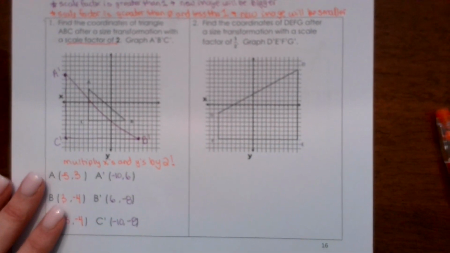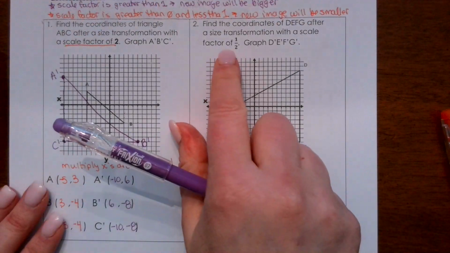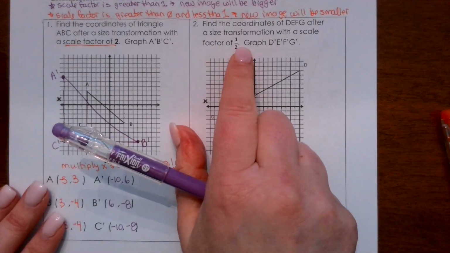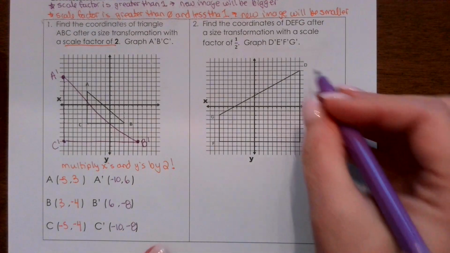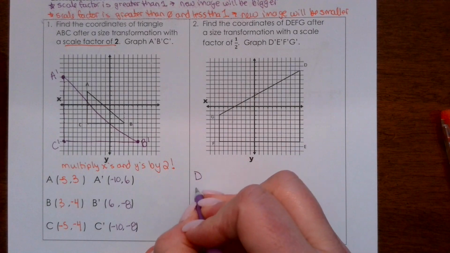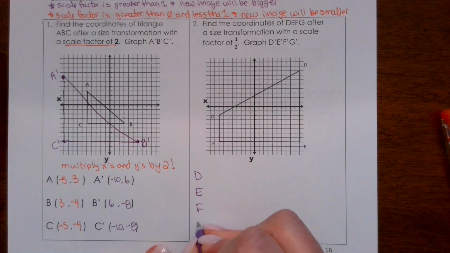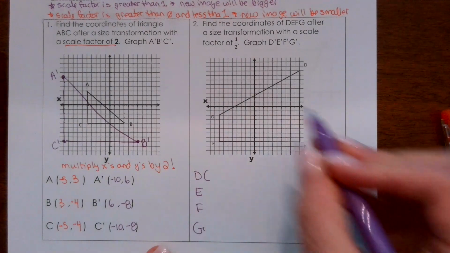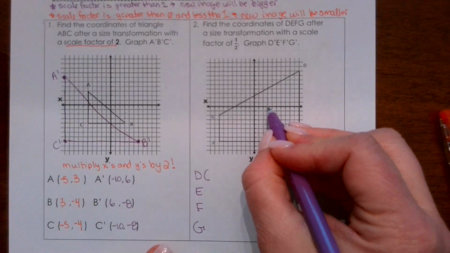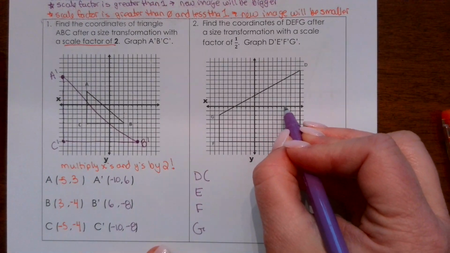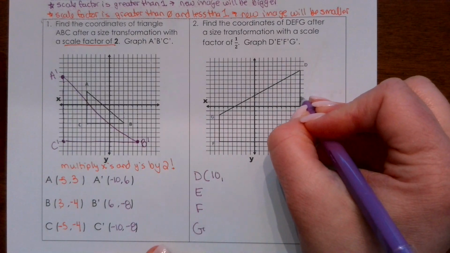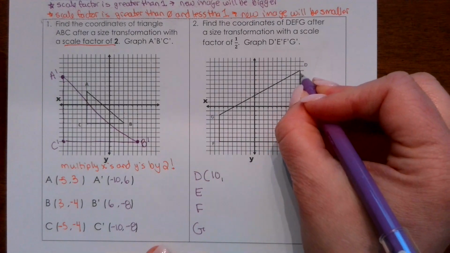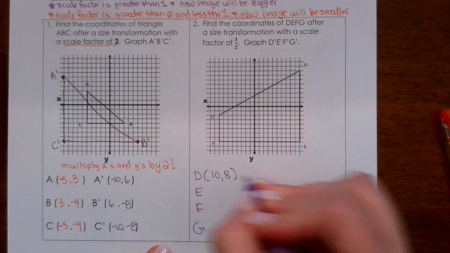Let's take a look at our next one, which I am multiplying by a number that is between 0 and 1. So I'm assuming I'm going to get a smaller triangle. So first up, I have D, E, F, and G to find. D is at 10 and 8.